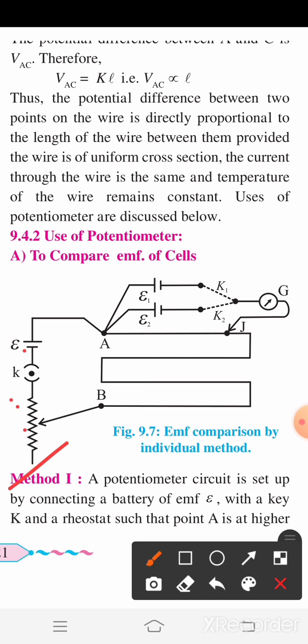A potentiometer wire or potentiometer circuit is set up by connecting a battery of EMF E, plug key K and rheostat RH in series, such that point A is at higher potential as compared to point B. Means point A of potentiometer wire AB is connected to the positive terminal of the source of EMF E, and point B of wire AB is connected to the rheostat.